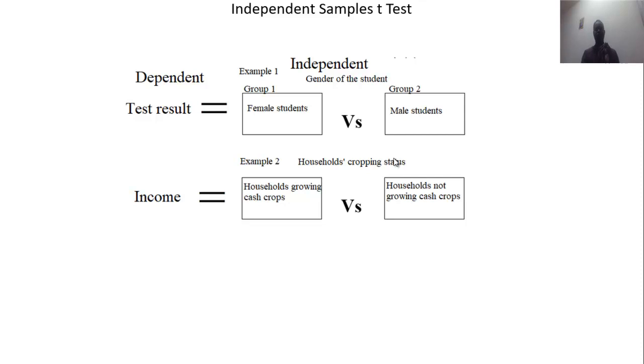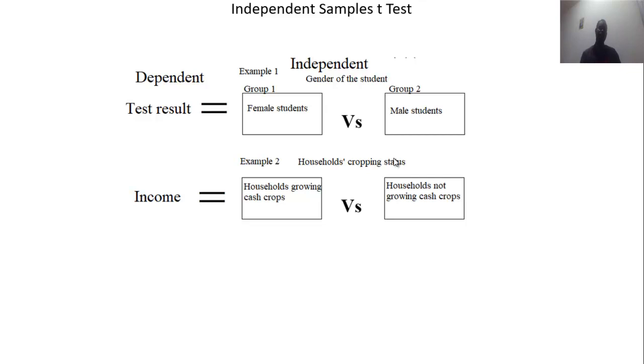Then you can measure the weight of female students and the weight of the male students, and then you can test whether there is a statistically significant difference between them. The same thing you can do with height. You can measure the height of the male students and the height of the female students, and then compare and contrast whether there is a statistically significant difference between the two groups.